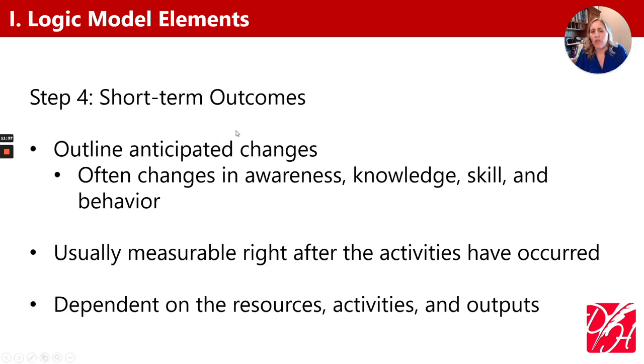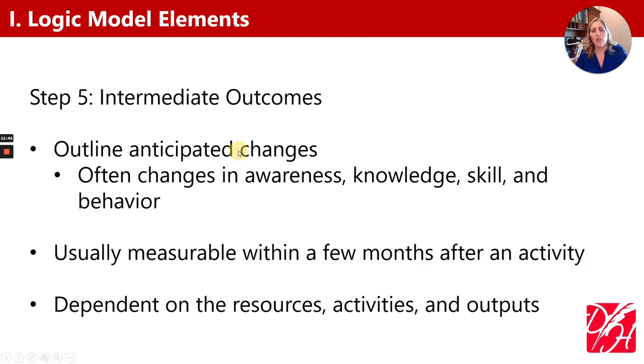What happens though if the clock keeps running? We get those short-term outcomes measured and reported. What happens if we're maybe 3 to 6 or even 7 months past the activity itself? Well, now we're into intermediate outcomes. So here we are presenting our theory, our best laid plan, our best idea.